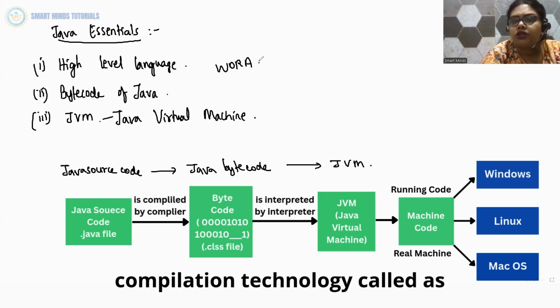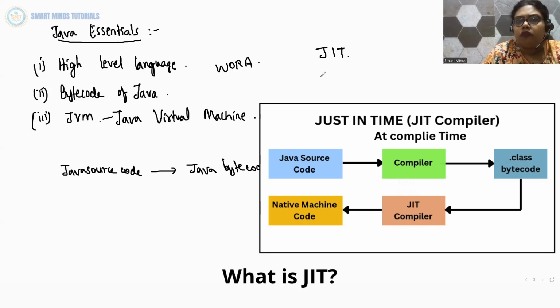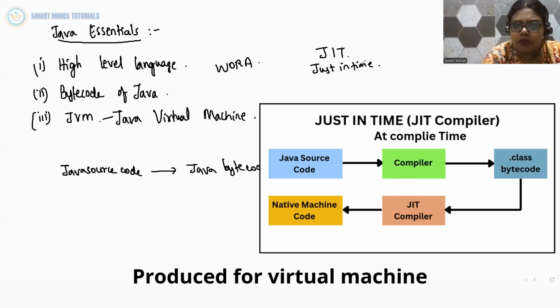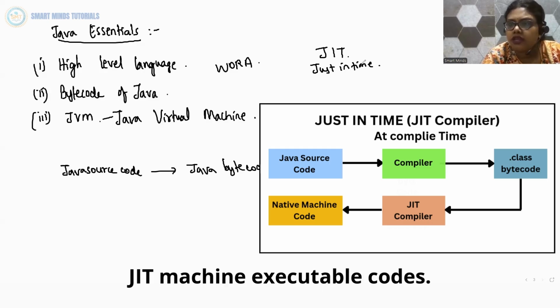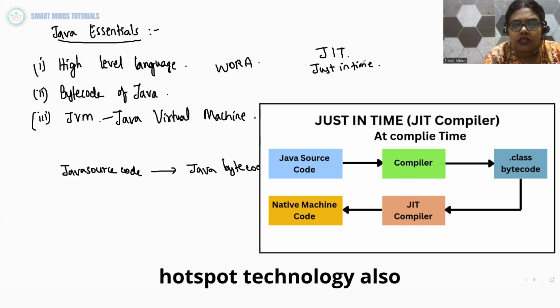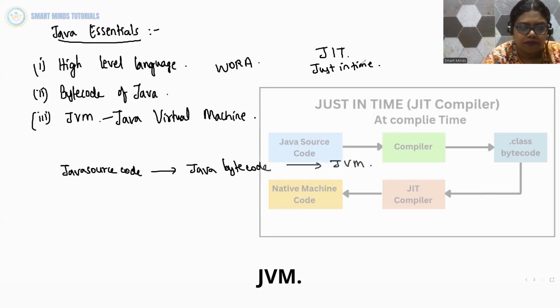So, a compilation technology called JIT, just in time, has been newly introduced for virtual machine implementations. This technology provides JIT machine executable codes. Another technology, called hotspot technology, also improved the performance of JVM.